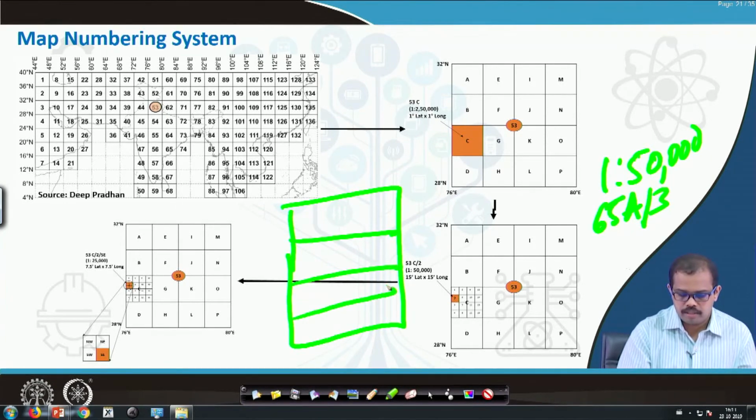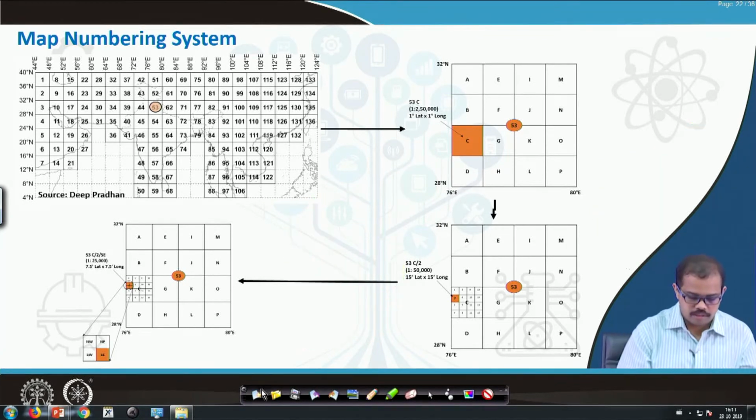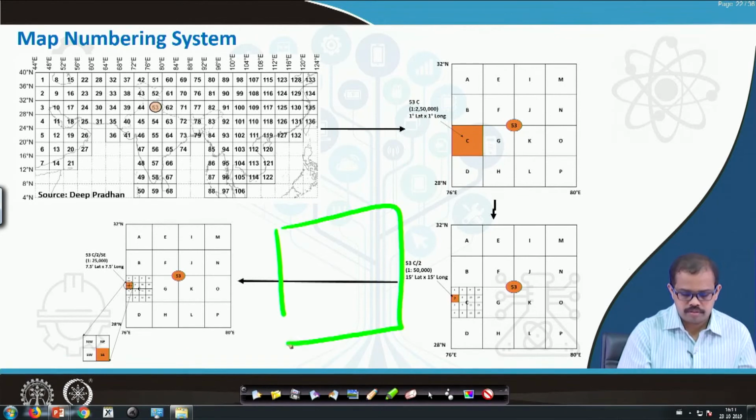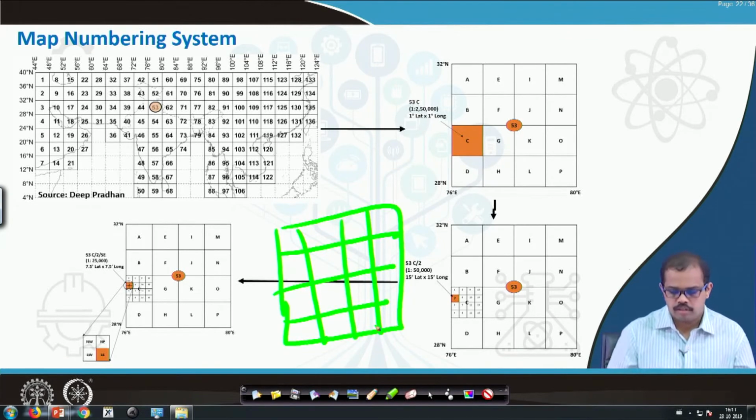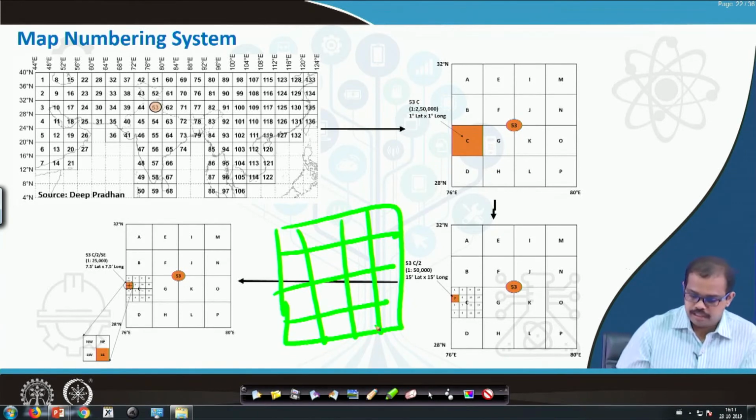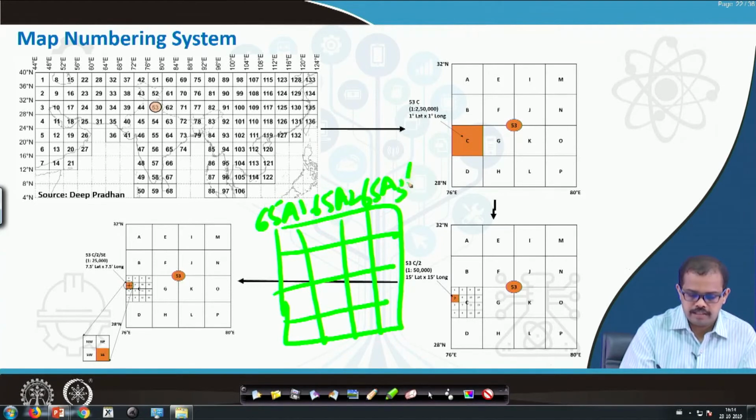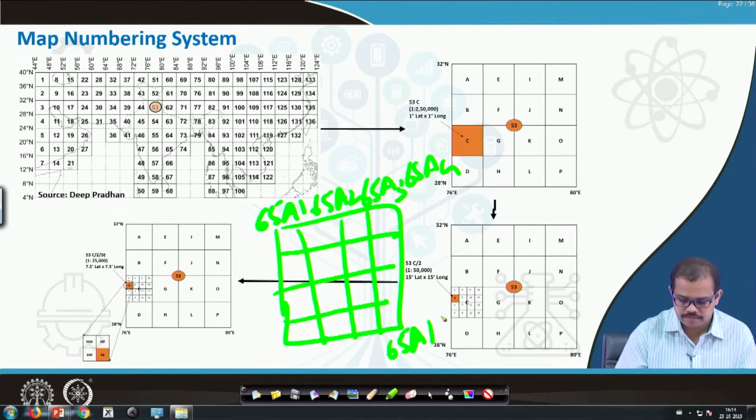So that particular map, if you look at it, let me take 16 boxes. Okay. This is, as I said, 65A1, 65A2, 65A3 and 65A4 until 65A16.